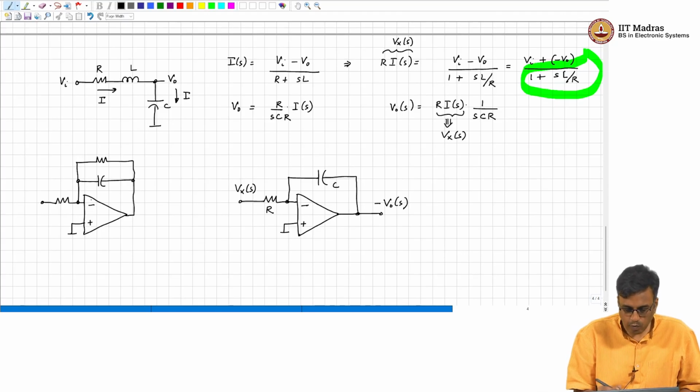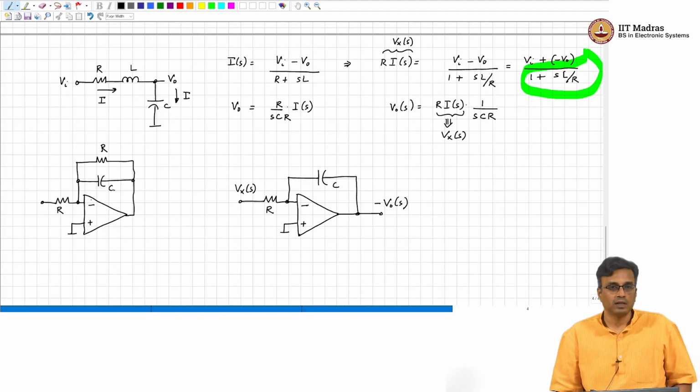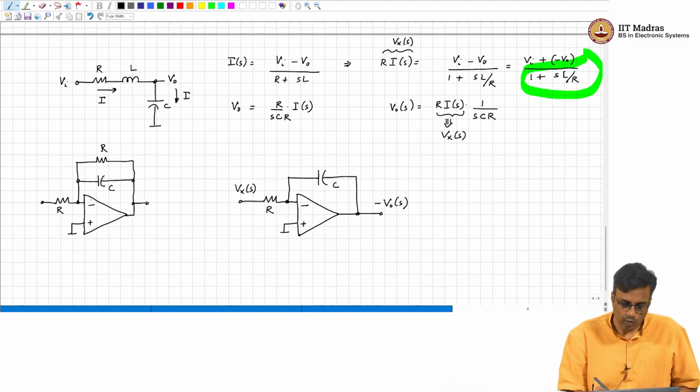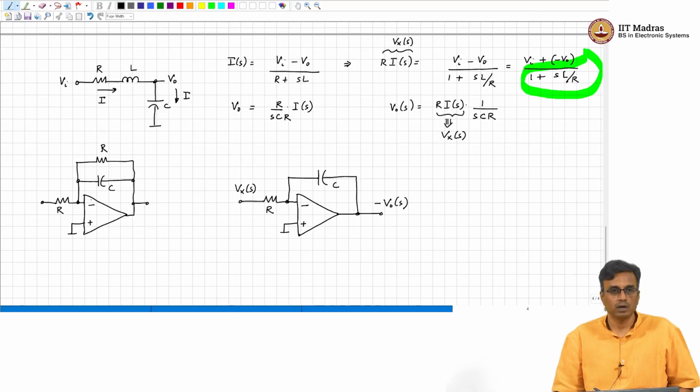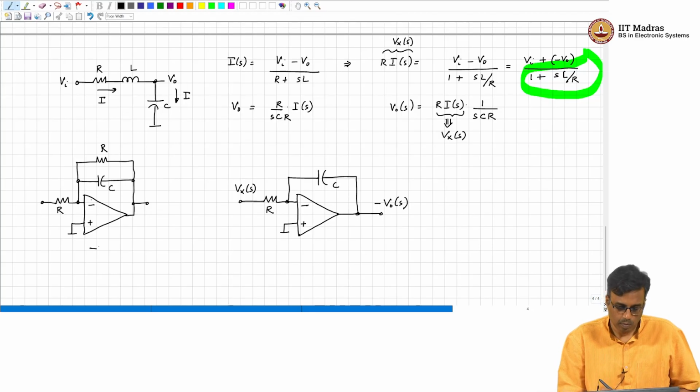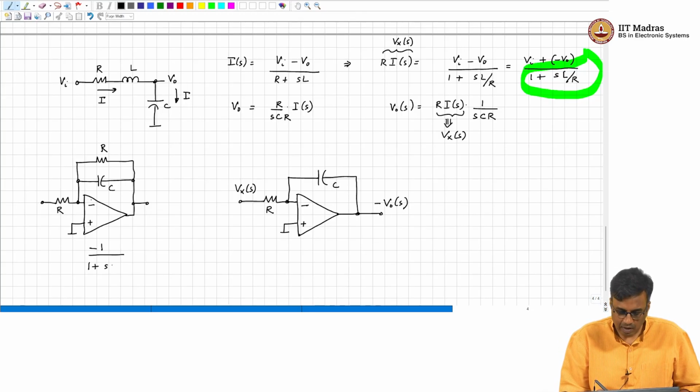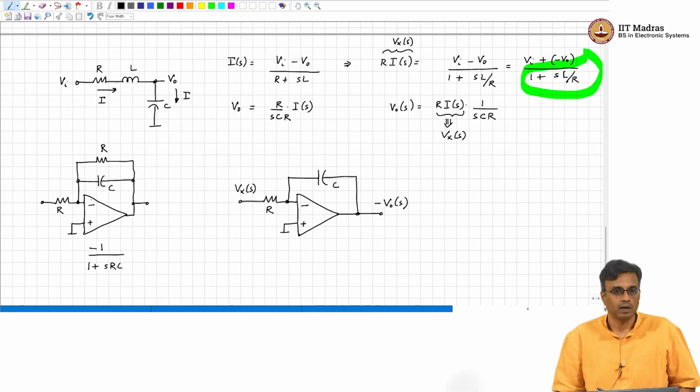If you call this R and you call this R and you call this C, what is the transfer function from input to output? Minus 1 by 1 plus S R C, okay.